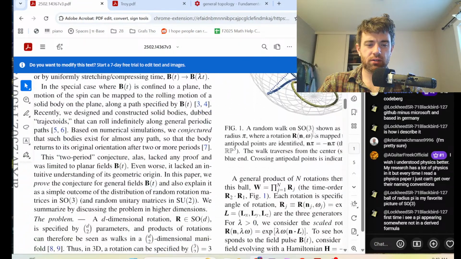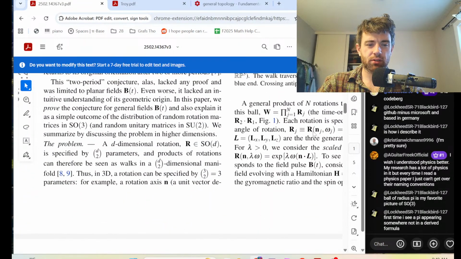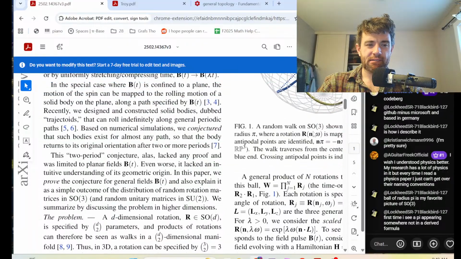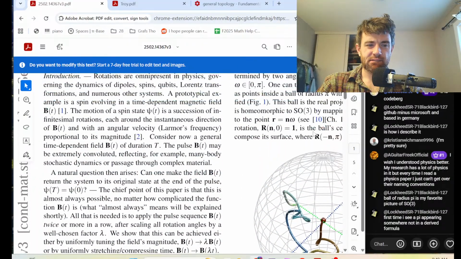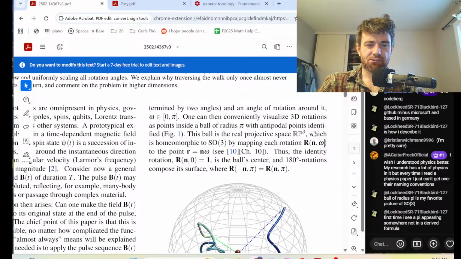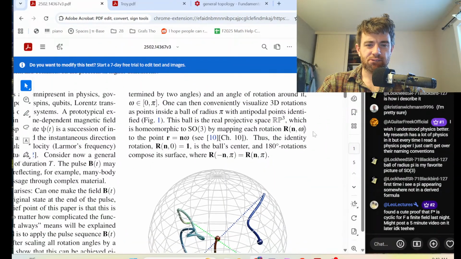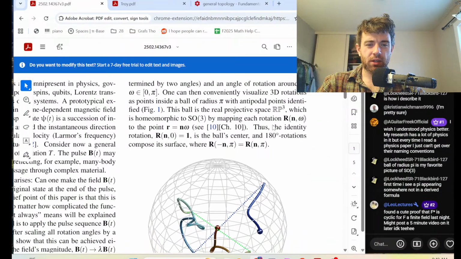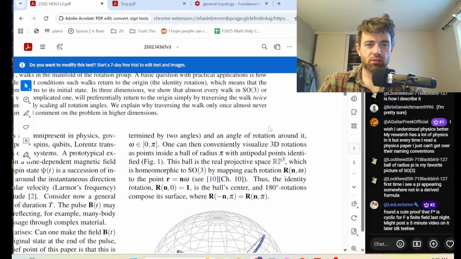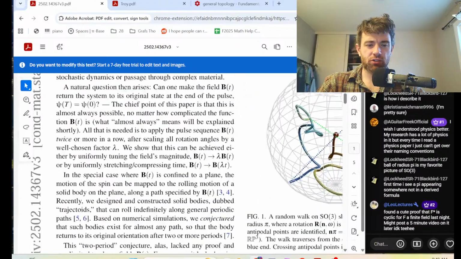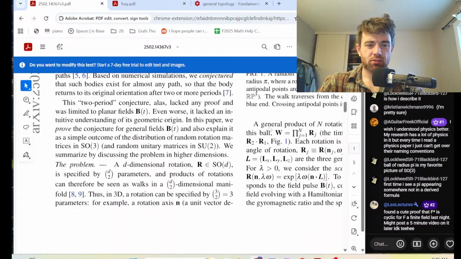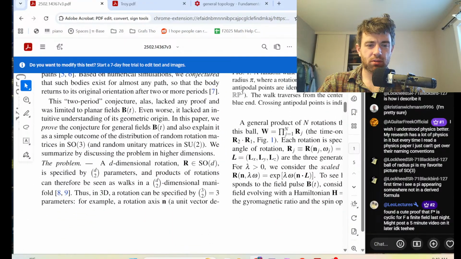Wait, what does n mean? Ah, I shouldn't have skipped all the definitions. R_n(omega)? What is R_n(omega)? Wait, is this notation not defined? Why don't you define your notation in the paper?